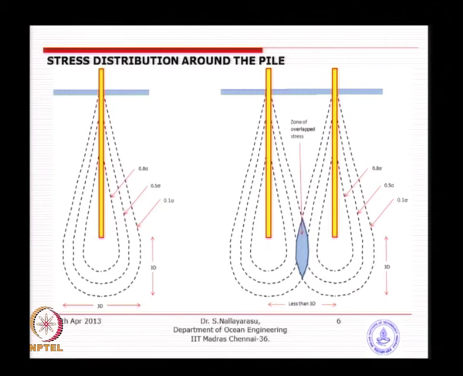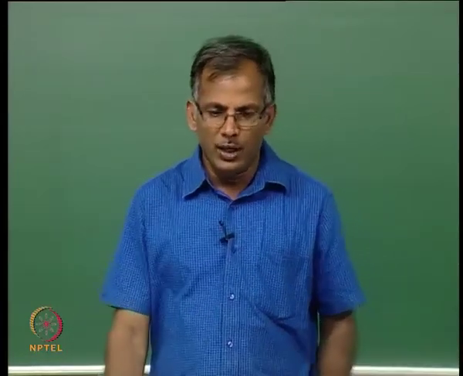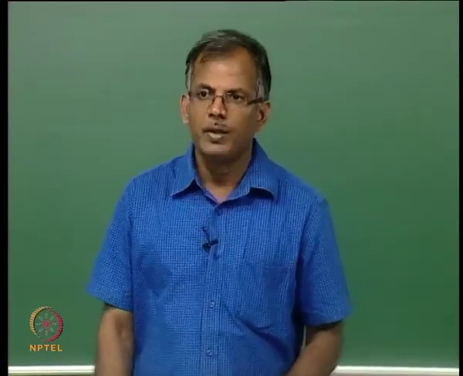So that is why if you keep them more than 3 diameters apart, typically the issues are very small, especially for vertical loading. So by rule of thumb, even the code asks you to keep the pile spacing at least 3 diameters or more, so that you can avoid doing all these calculations for the group interaction.